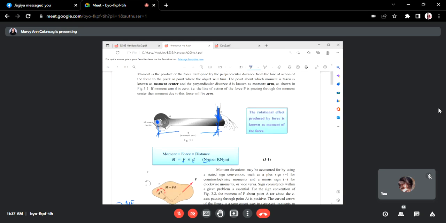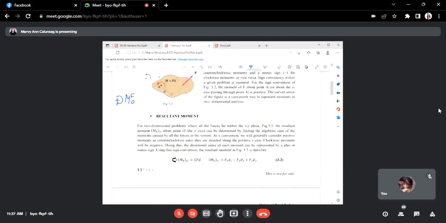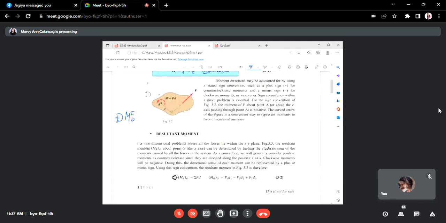So moment directions may be accounted for by using a stated sign convention such as a plus sign for counterclockwise moments and a minus sign for clockwise moments. So dinhi nga actually dili man pud gud magkapare-pareho depende sa books, sa resource material nga imong gibasihan. So ang inyuhan na lang ani class kay it could be man pod nga ang iyahang gi-consider as positive is the counterclockwise moment as positive.